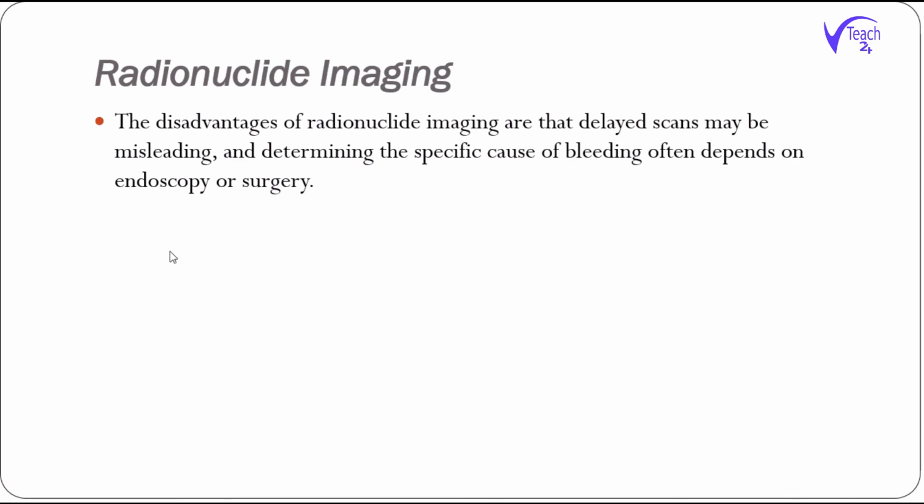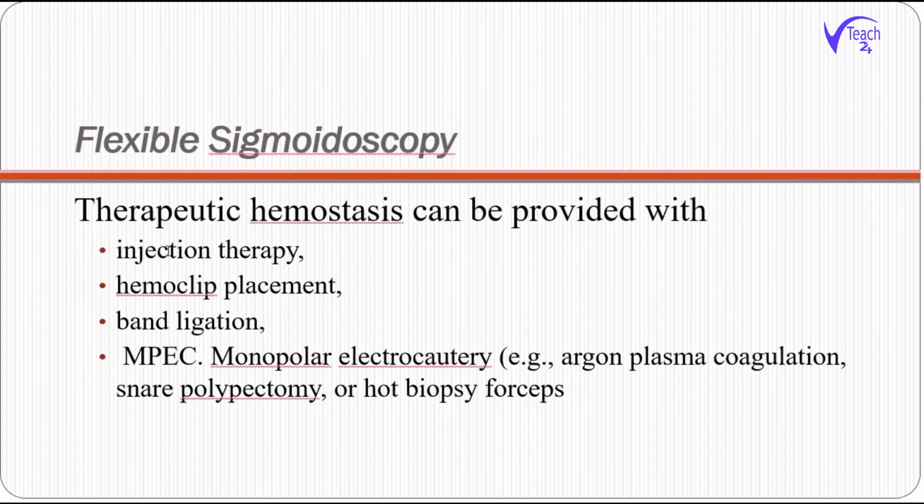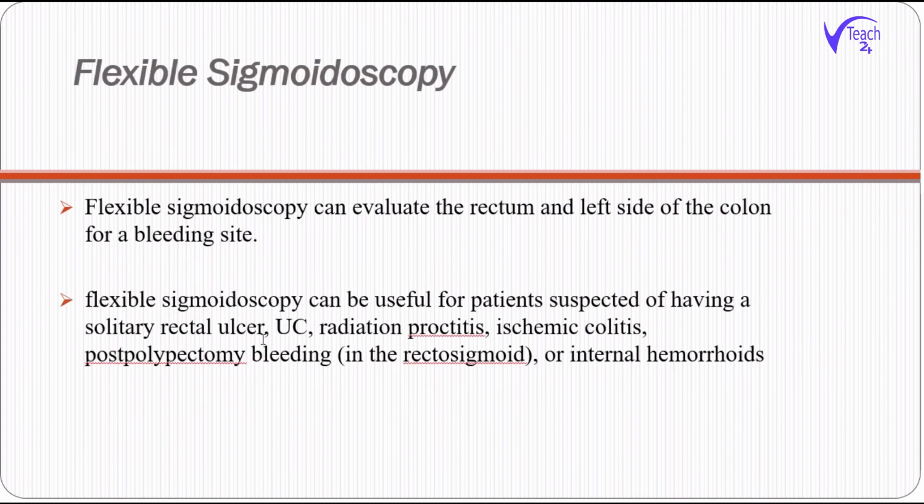As we have seen in the earlier slides, the different lesions that can bleed include solitary rectal ulcer, ulcerative colitis, radiation colitis, proctitis, ischemic colitis, post-polypectomy bleeding, or internal hemorrhoids. What is the probable cause of the bleeding? Radionuclide imaging is not going to give us a clue about that. This is why flexible sigmoidoscopy or colonoscopy is preferred.